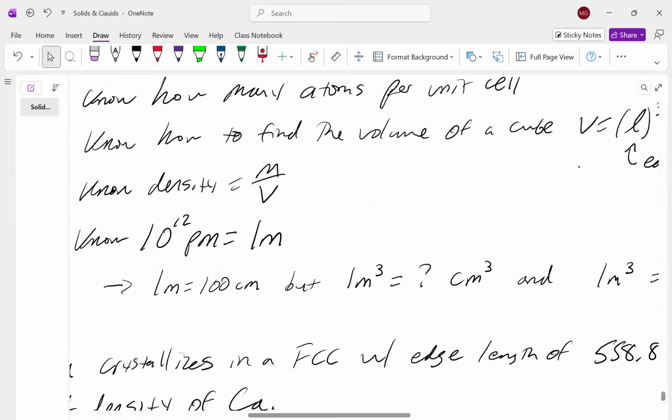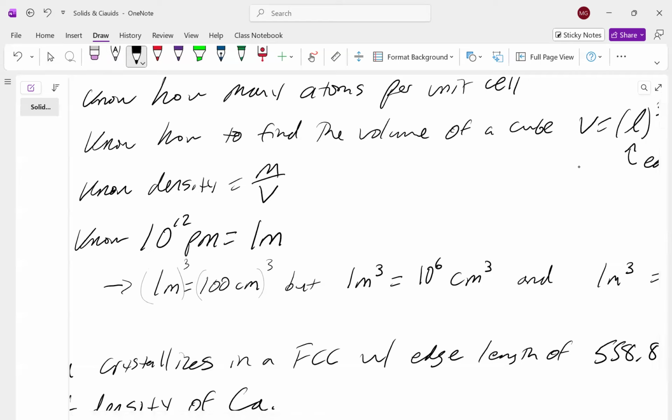But if I have a cubic meter, how many centimeters is that? It's still not 100, because in order to make a cubic meter, I had to raise this to the third power, which means I'm raising this whole thing to the third power. So 1 cubic meter is 10 to the sixth cubic centimeters.